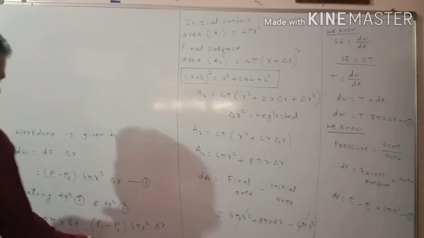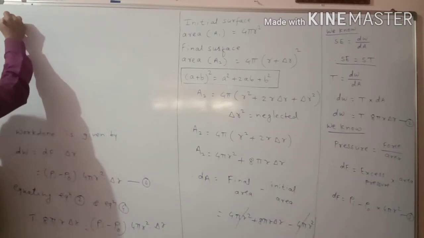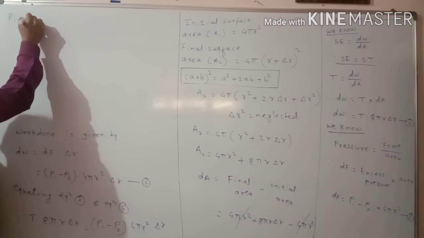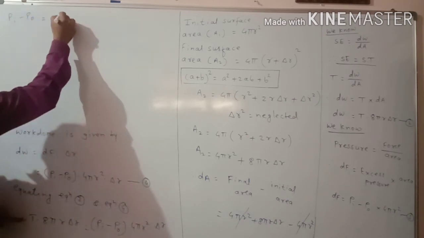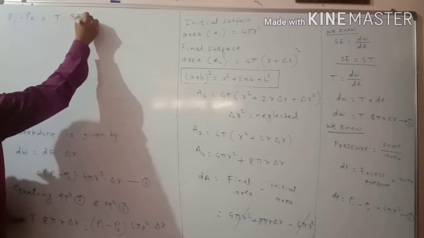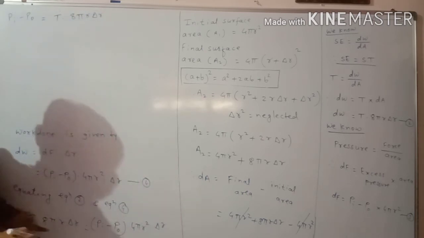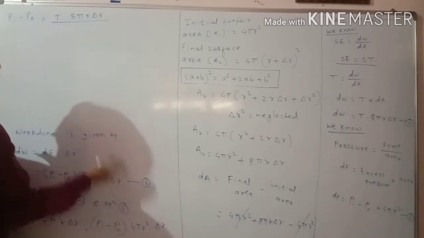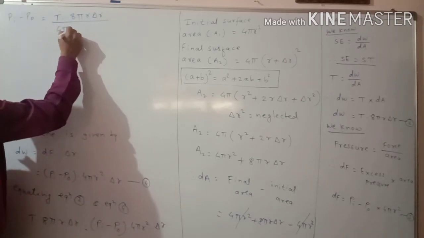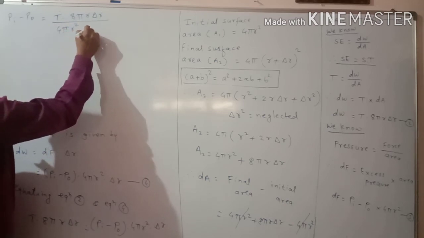So therefore from this equation, Pi minus P naught is equal to surface tension into 8 pi r into delta r, divided by 4 pi r square into delta r.